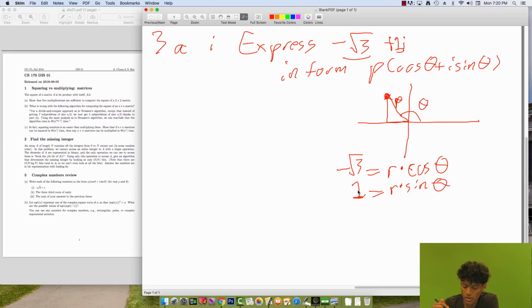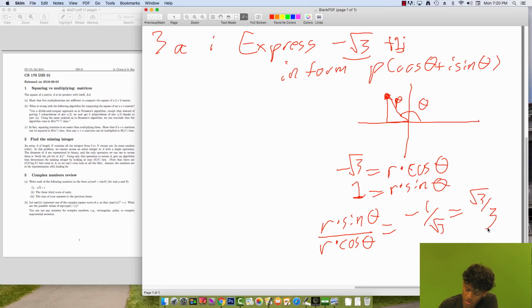Okay. And here we need to find theta and r. A nice way to do this is to divide the two expressions. If we divide the second equation by the first equation, we get that r times sine theta divided by r times cosine theta is going to equal negative 1 by root 3, or negative root 3 by 3.